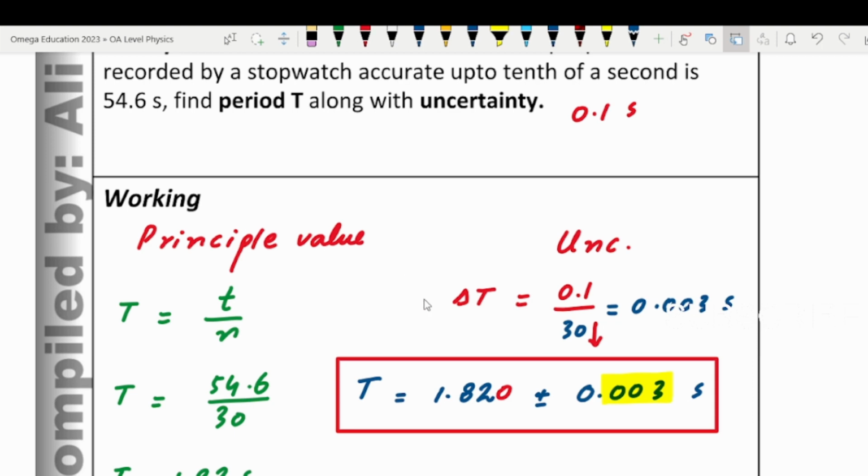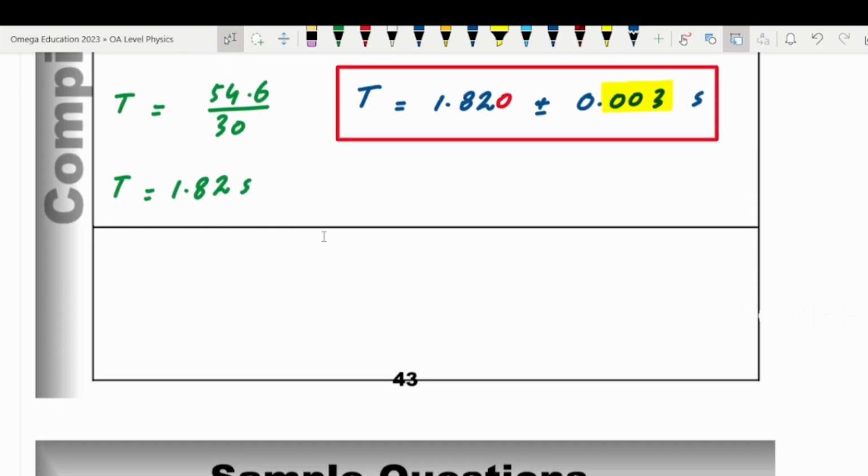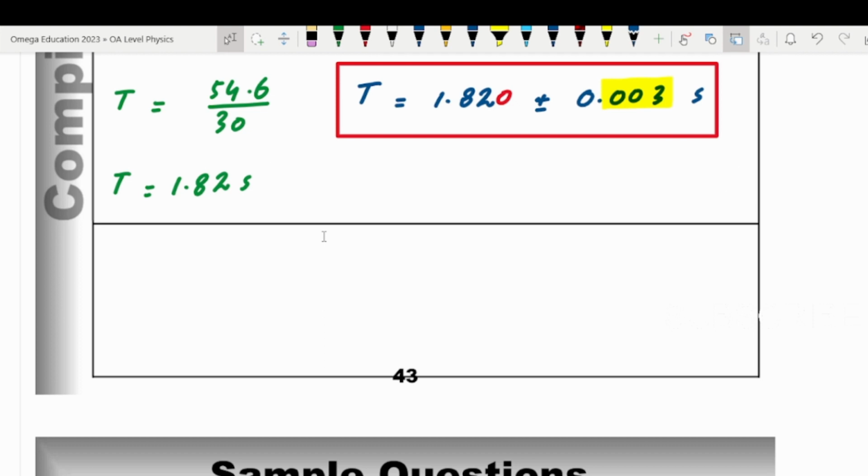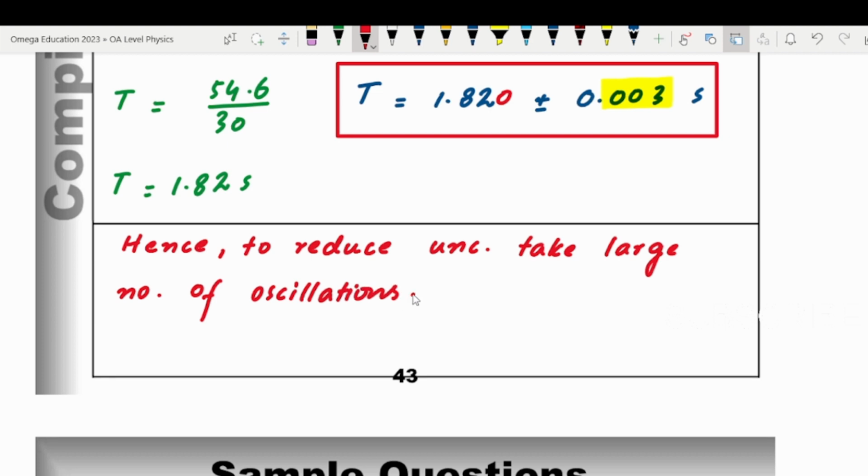That's why in experiments which involve the use of a stopwatch and counting oscillations, it is always recommended that you take plenty of oscillations, so the uncertainty of the experiment would be reduced. I'm going to write the same thing here. For the uncertainty of a timing experiment, you have to take a large number of oscillations. The more oscillations, the lesser the uncertainty with the principal value.